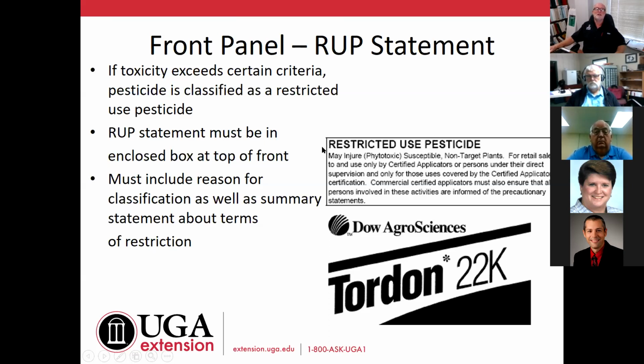That RUP statement must be on that front panel. It's usually at the top of the product label, and that label includes some statements about why it is restricted use. This one is Tordon, and it is restricted use because of non-target plant susceptibility. There are other statements in that box as well.